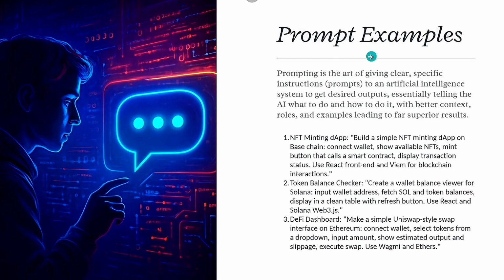Prompting is the act of giving clear, specific instructions to an artificial intelligence to get the output you want, telling the AI what to do and how to do it with better context. Whenever you are trying to write code, not even Web3 alone, you have to tell the AI what you want to build, in better context, for AI to get it right.